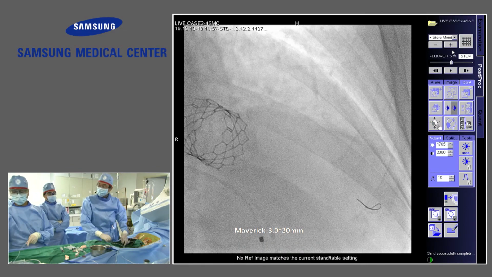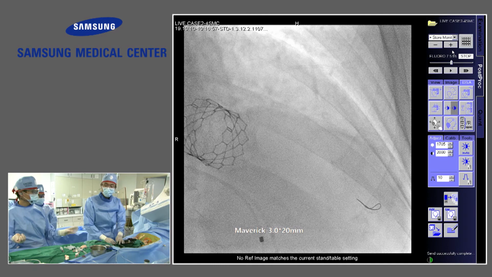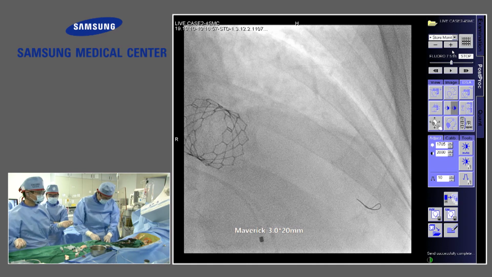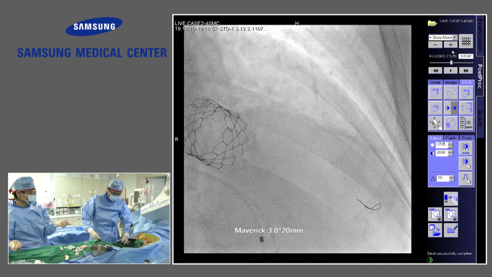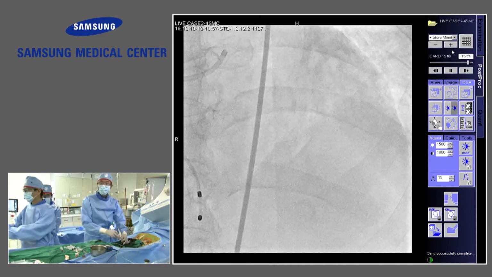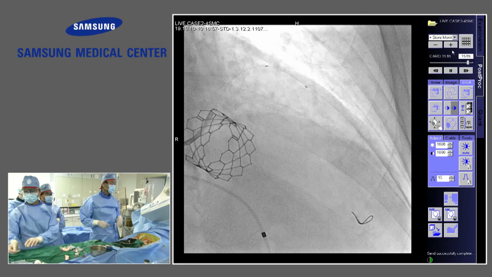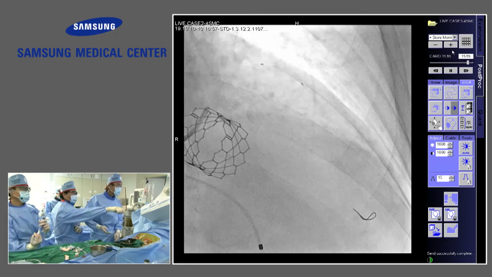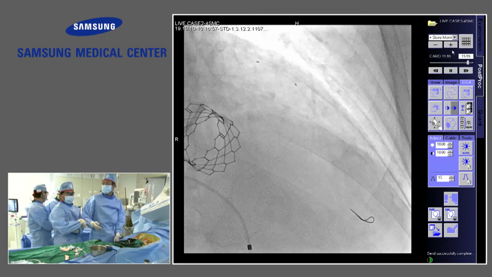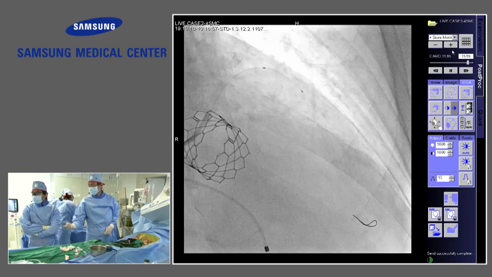Because I use the synergy in the other room. 3.5 by 28.